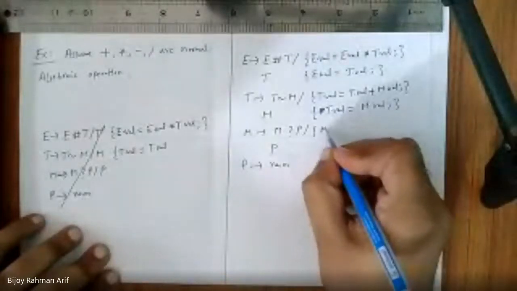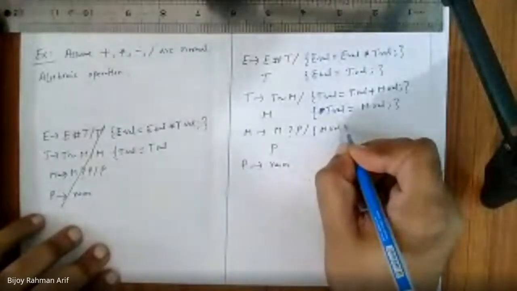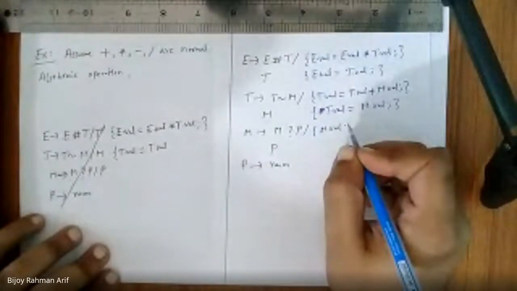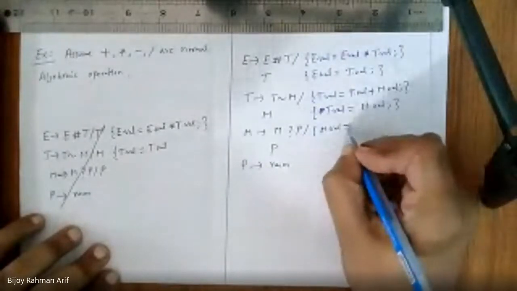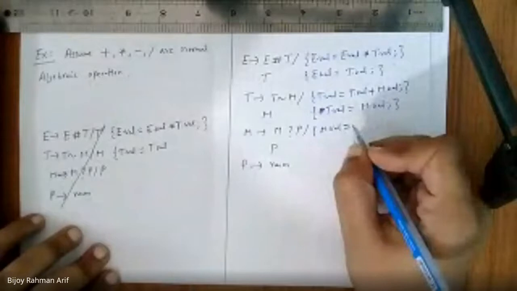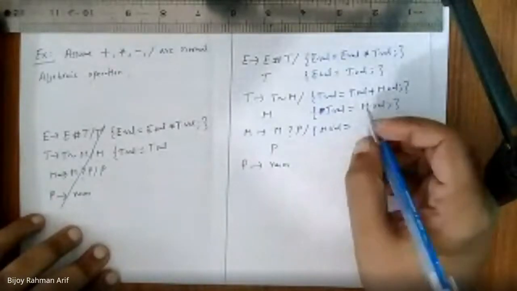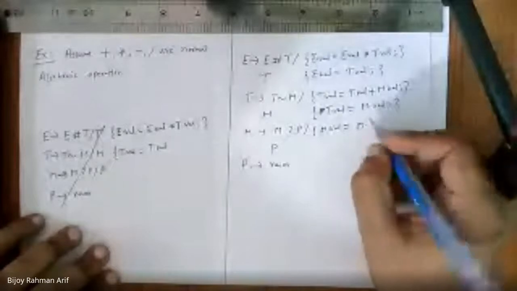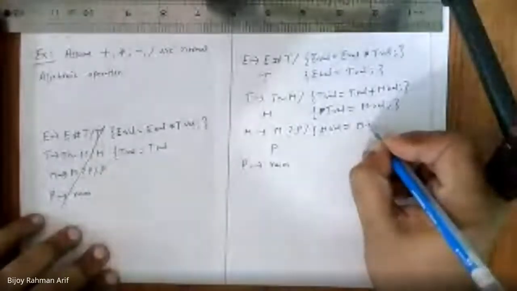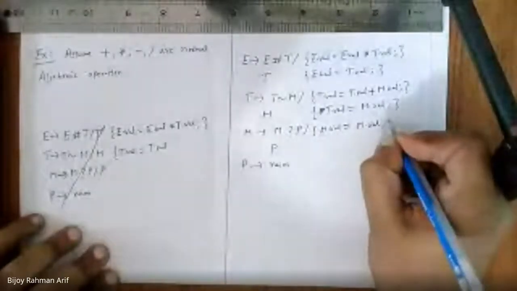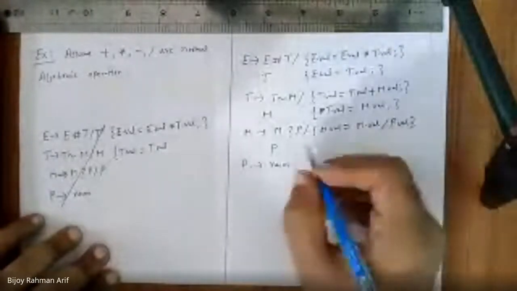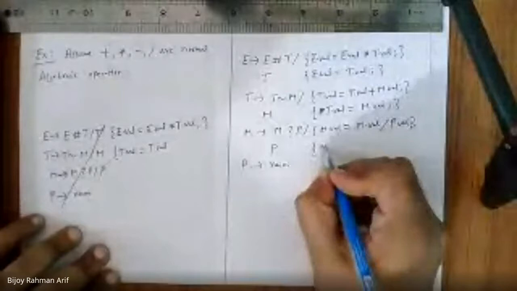M dot val is equal to M dot val divided by P dot val. This is nothing but M dot val is equal to P dot val.